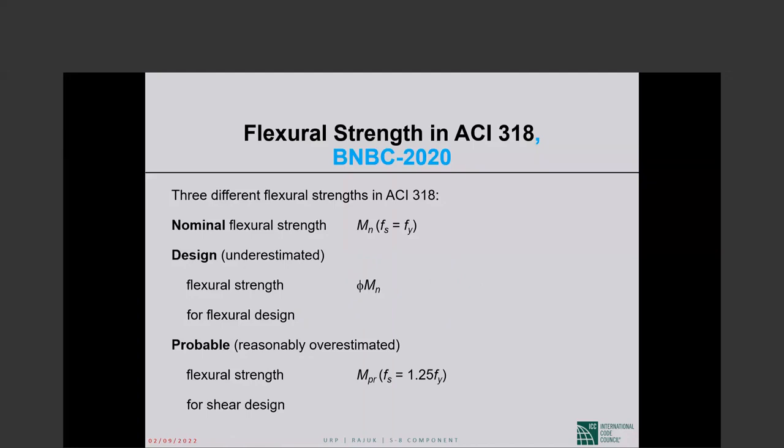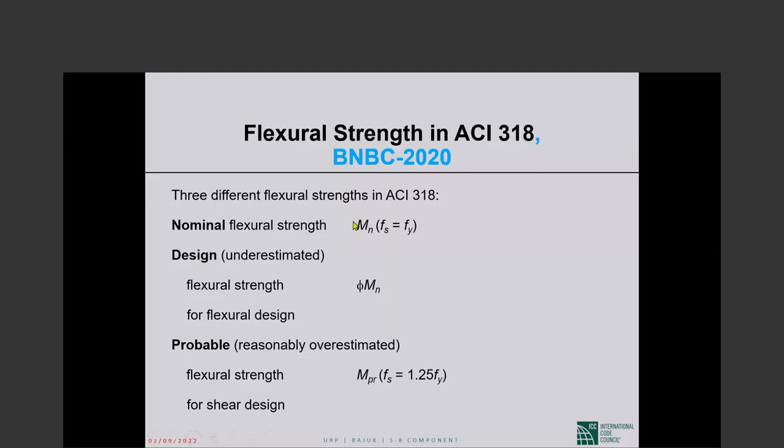Okay, so in flexural design, we use design flexural strength, phi times M sub n, because that is the conservative thing to do. Shear design is the other way around. We need to use an upper bound value of M sub n, the largest moment that can develop. Okay, so we don't want to go below M sub n. We need to go above M sub n. We want a reasonably overestimated flexural strength, and that is M sub pr, probable flexural strength.